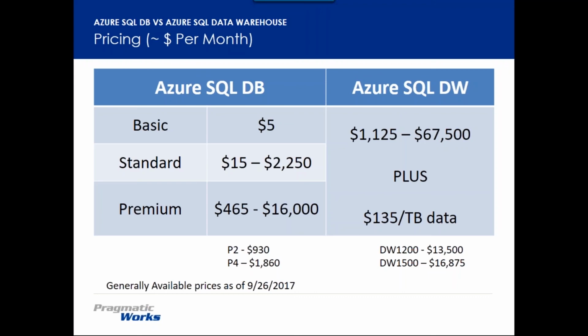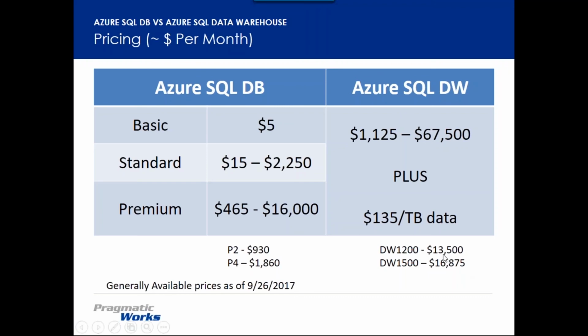By way of comparison, I just put references there on the bottom. When we're talking about the entry-level data warehouse of $1125, that roughly in price corresponds to somewhere between a P2 and a P4 database. Oh, I'm sorry, I made a mistake in my comments there.